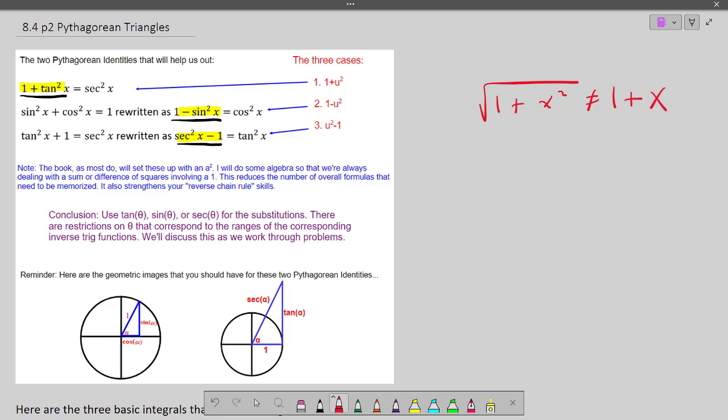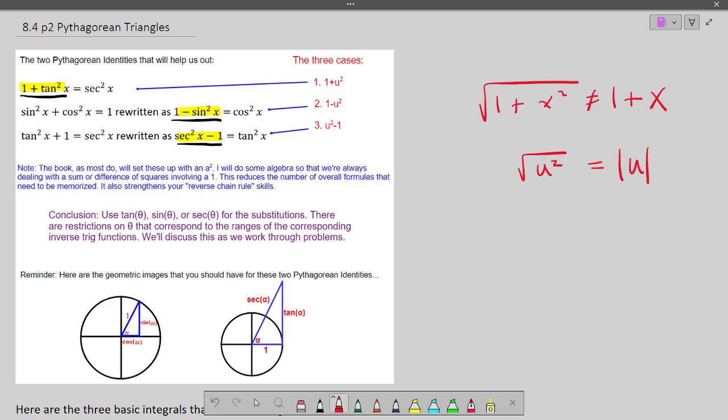You can't distribute the square root. So that square root is sort of a roadblock for us right now. But if we could turn this sum of squares into a single square, then we could go somewhere.